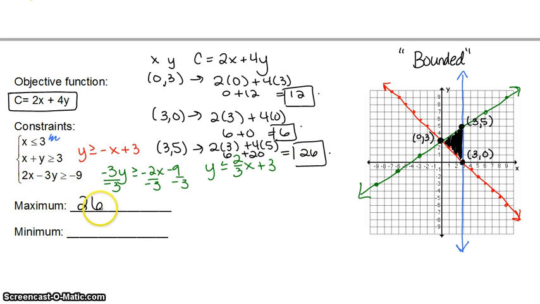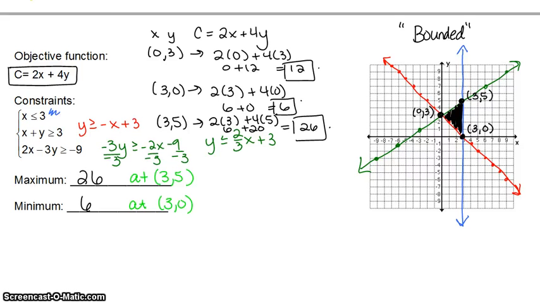So we have a maximum value of 26, and that comes at 3, 5. And then our minimum value is 6, and that comes at 3, 0. So your max value is just the highest number that you find when you plug into your objective function, and the minimum is the smallest value that you find when you plug into your objective function.